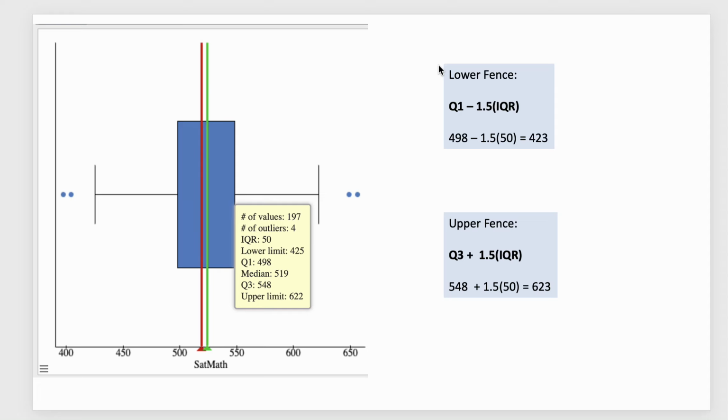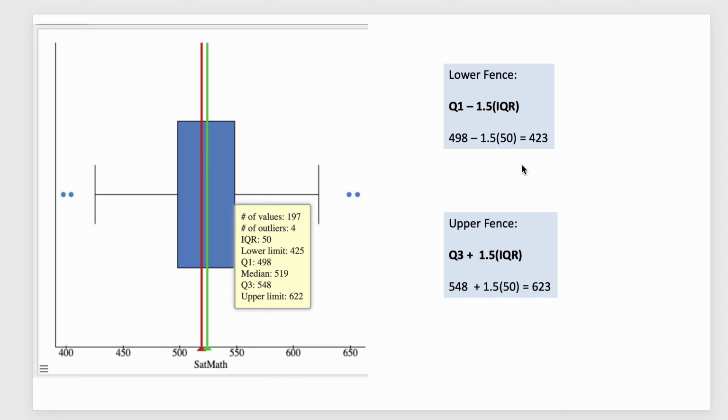If you recall, or I will remind you of how to calculate a lower fence so that you can identify an outlier. The formula is take Q1, and we have Q1 as 498, and then subtract 1.5 interquartile ranges, which we have at 50.